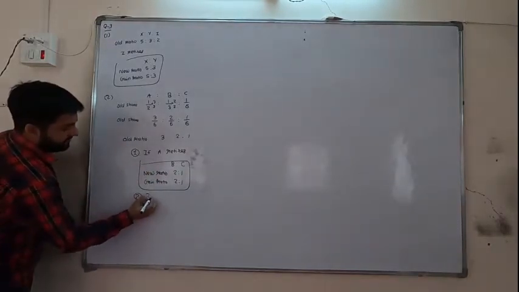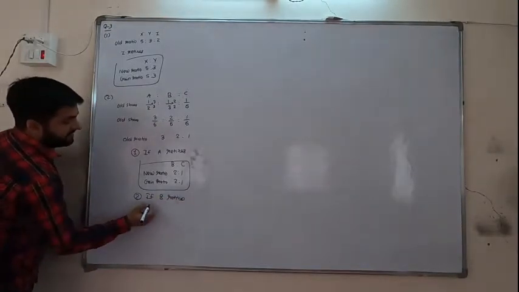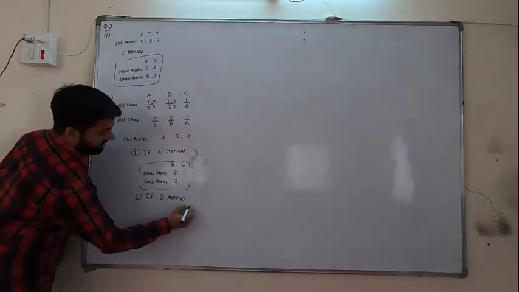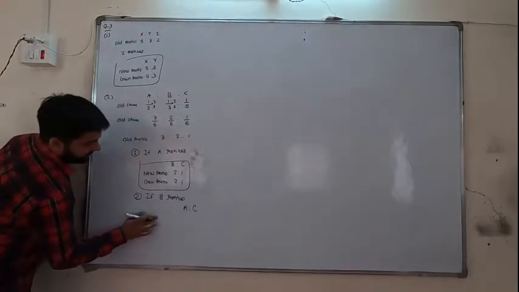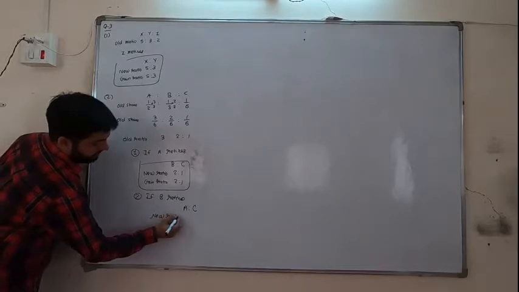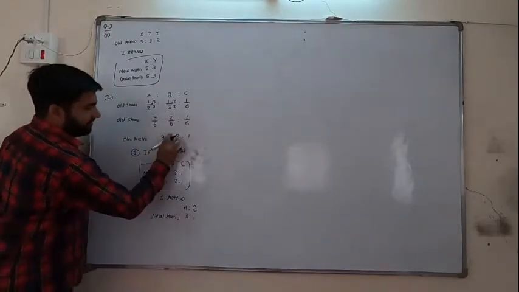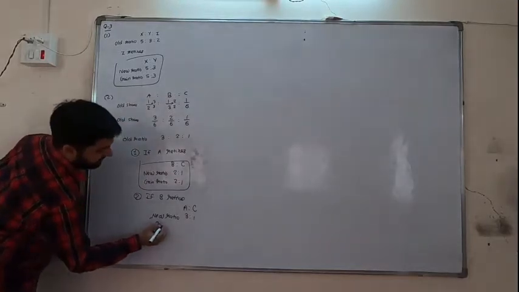In the second way, if B is retiring, now who will remain? A and C will remain. So their new ratio would be how much? If B is retiring, 3:1. Cut 2, then it will remain there only.